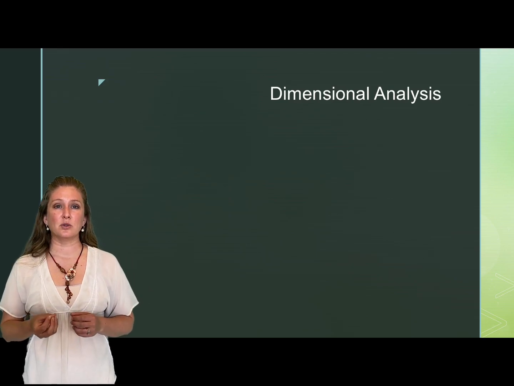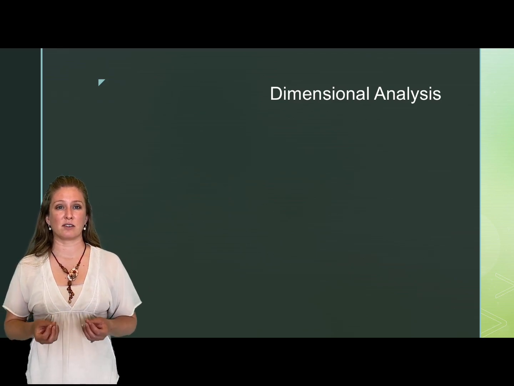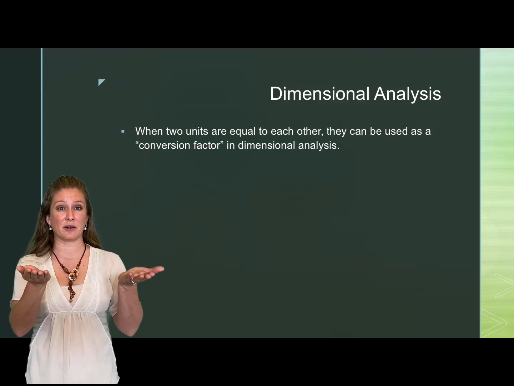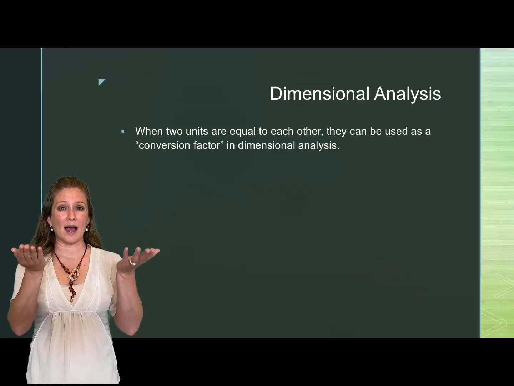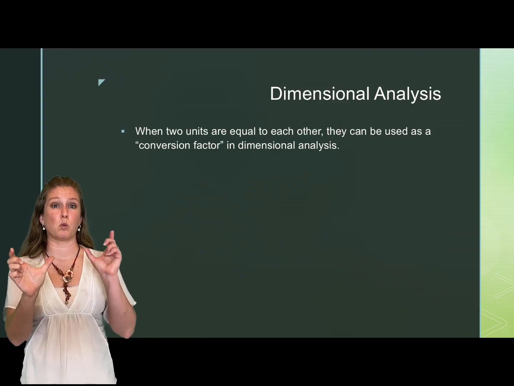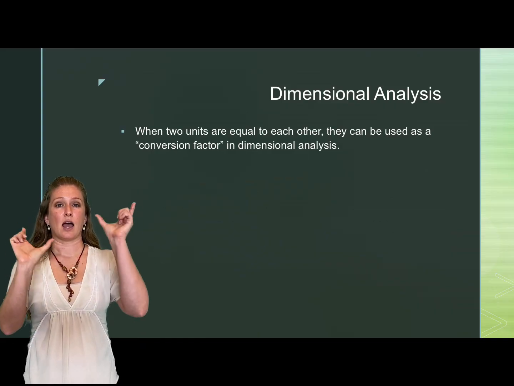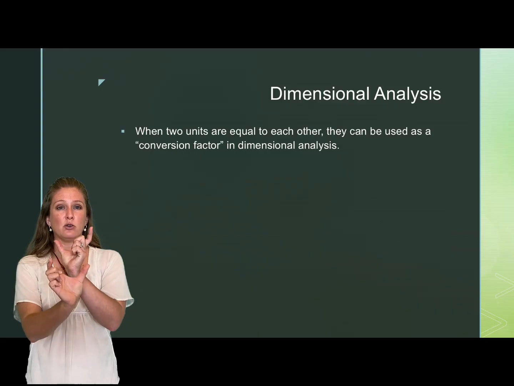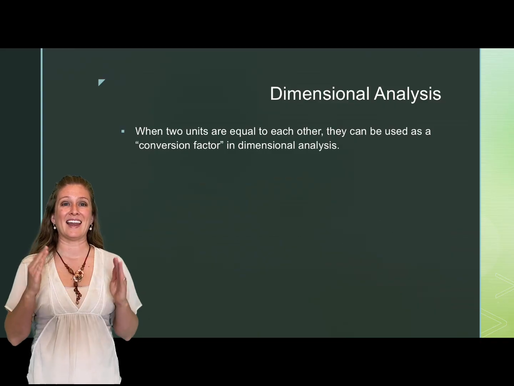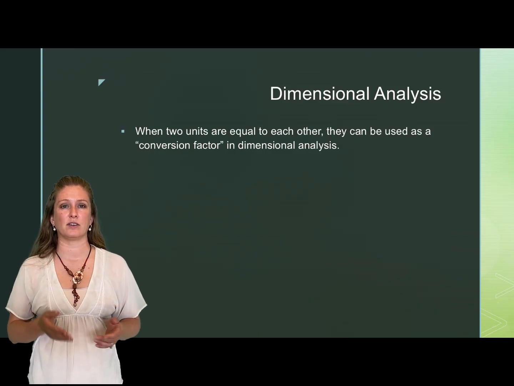And the way that we do this is by the use of conversion factors, things that we have worked out to be equal to each other. And when you have two things that are equal to each other, kind of like 12 inches is 1 foot, right? And when you take those things and you make them a proportion, you've got two things that are equal to each other that are being divided, and anything divided by itself is 1.